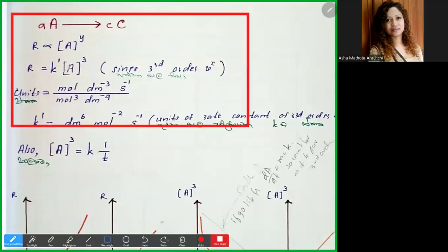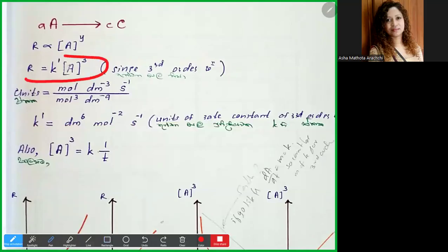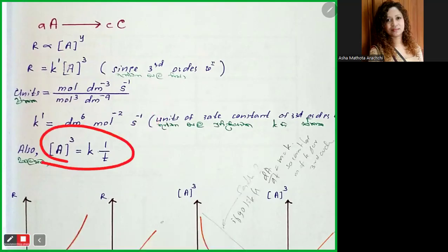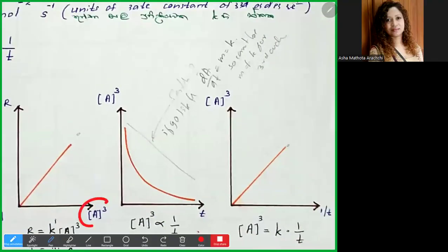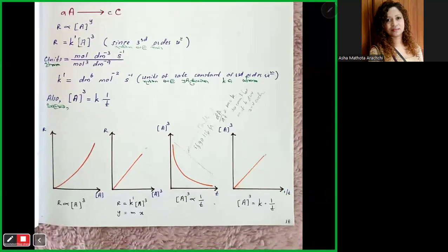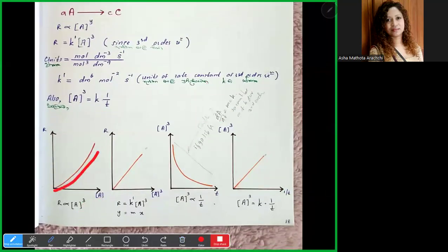See, this is the third order rate expression. Then you can write the units the same way. Again, I haven't shown that, the rate is proportional to A divided by T or K divided by T. From that, you can get this one. Then you are drawing the first 3 diagrams to A to the power 3, and then the last one just to A, so it has this exponential increase.